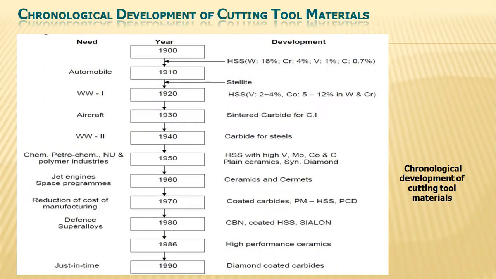For aircraft applications, for aircraft parts preparation, tools such as carbide coating for the steels will be utilized, as this carbide gives good strength to the steels so that they can resist high temperature levels.